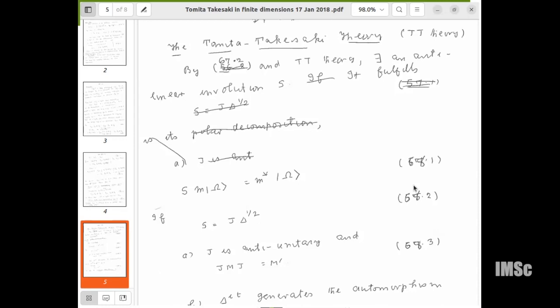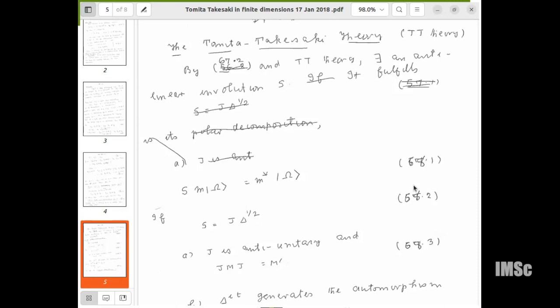It is anti-linear. So when acting on complex numbers, it makes complex conjugation of those numbers. It's like a time reversal operator. And it is defined by the following equation. Take any matrix M, act on my vacuum vector omega, and act with S. The result is M star acting on omega, on the same vector.